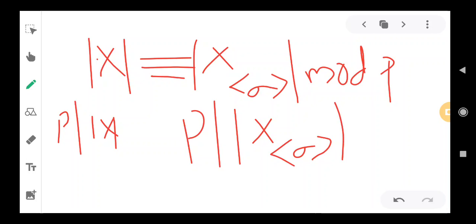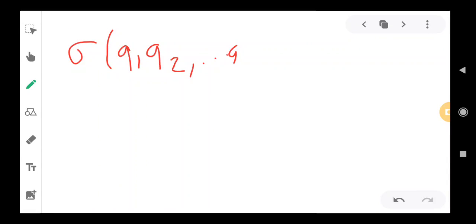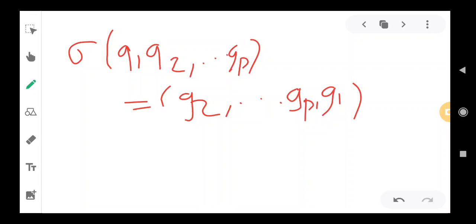Now we want to find what X_<sigma> is, because in X_<sigma> we have to find which elements are fixed when we apply the cyclic group generated by sigma on X. When we apply sigma to (g1, g2, etc., gp), we get (g2, etc., gp, g1).